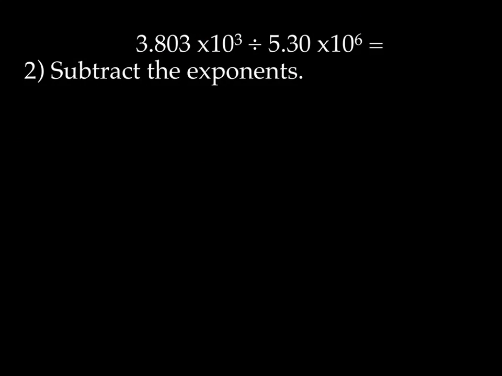Next, we need to deal with the exponents. This time, we're going to subtract the exponents, the 3 and the 6, and you need to do it in order. So we have 3 minus 6, which equals negative 3.